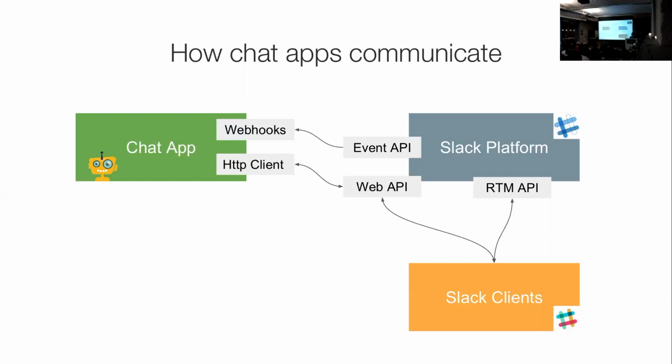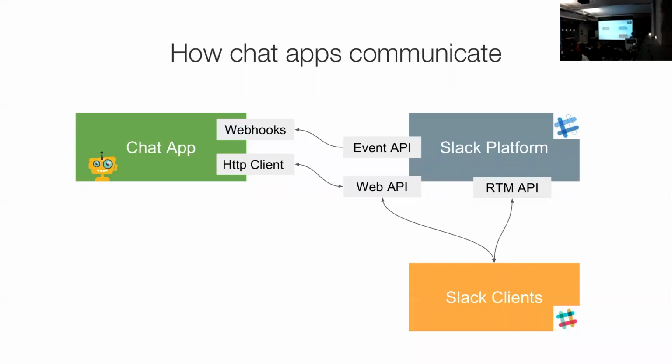The Slack clients are usually connected with the platform with its RTM API. That's the real-time messaging API. And this is what your Slack client on your desktop or on your mobile app usually uses to communicate with the Slack platform. For some things, it will also use the web API, for example, to get a list of channels or the list of users.